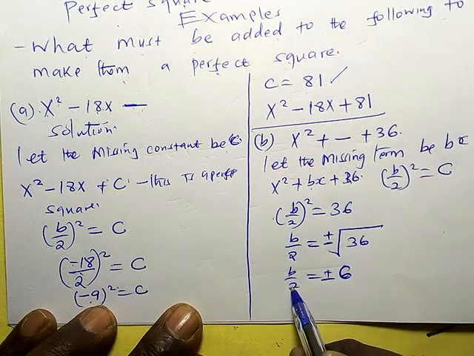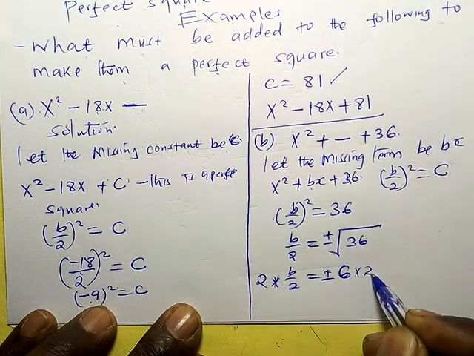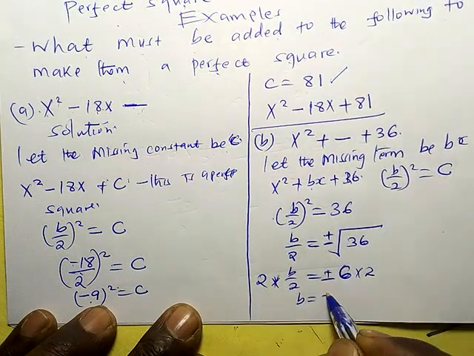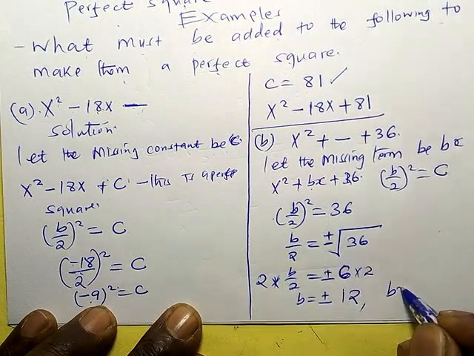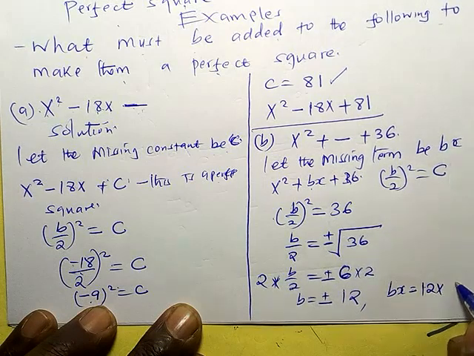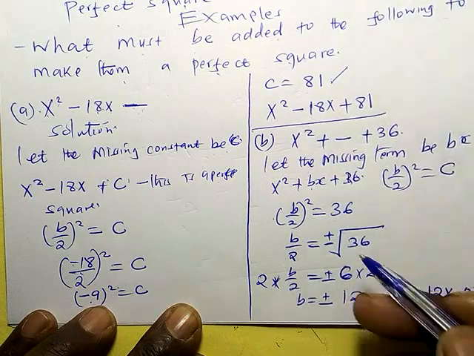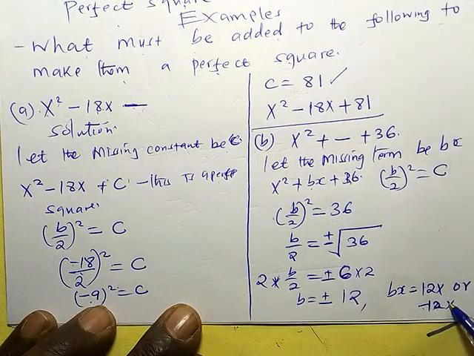We want to remove this 2 here, times 2 both sides. So b equal to positive or minus 12. So it means our bx will be 12x or negative 12x. This here will be positive 12x or negative 12x.